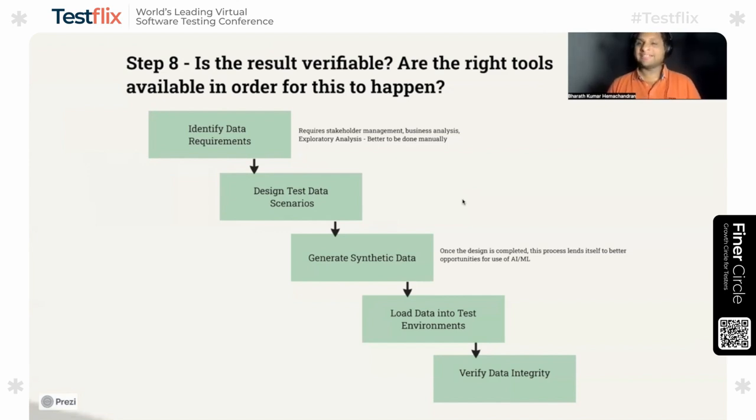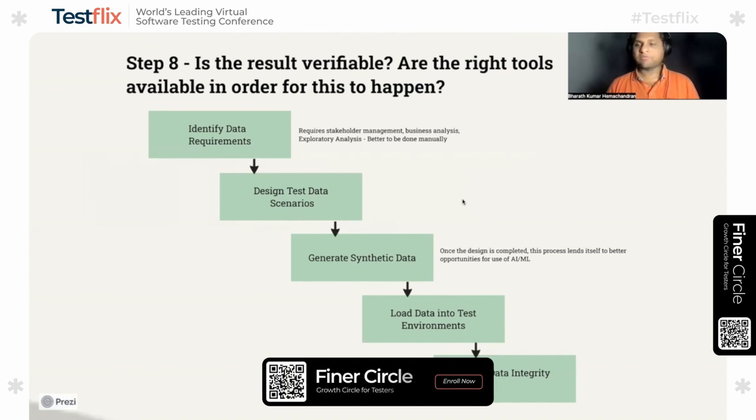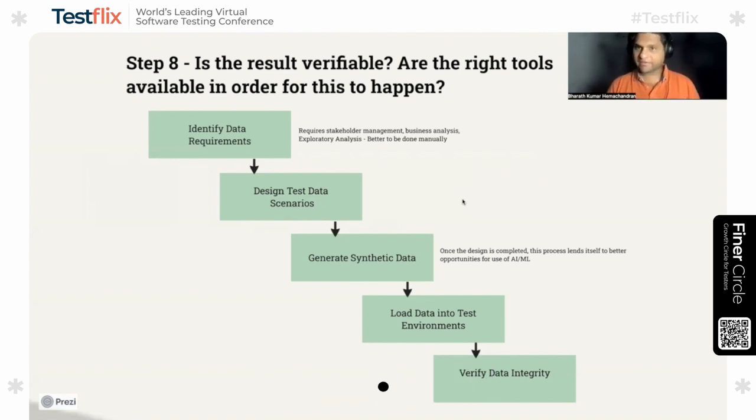Is it ethical for me to do this? Is it correct for me to use this from a governmental or organizational policy perspective? Is it technically feasible? Is it possible for me to deliver this using the infra, the people, and the skills that I have? And lastly, is it verifiable?